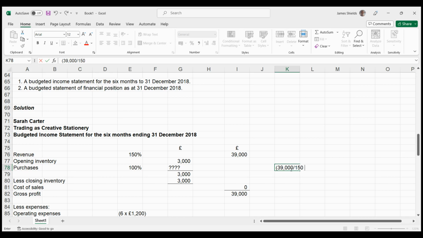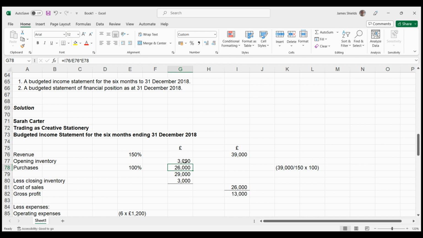Now that will give us what 1% is, but we want 100%, so we then times that by 100. If I do that calculation now, 39,000 divided by 150 and then times by 100, we get an amount for purchases of £26,000.